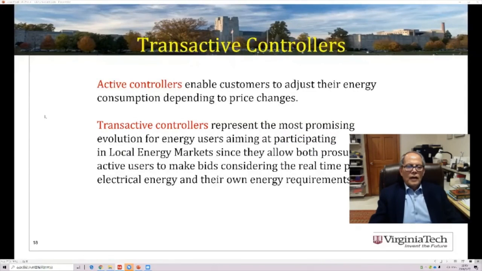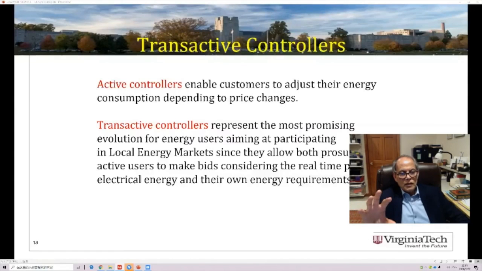Okay, now what I mean by transactive controllers, the two kinds, active controllers and transactive controllers. The active controller is a customer who can adjust their energy consumption depending on price changes. For example, you have a clothes dryer, you have an oven, you have a water heater.